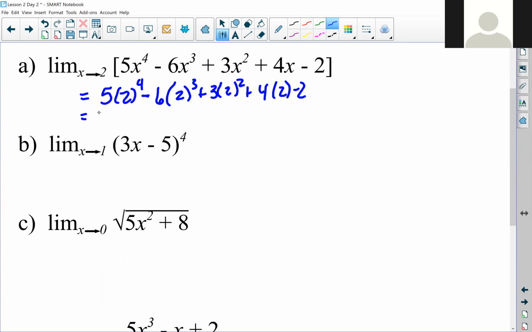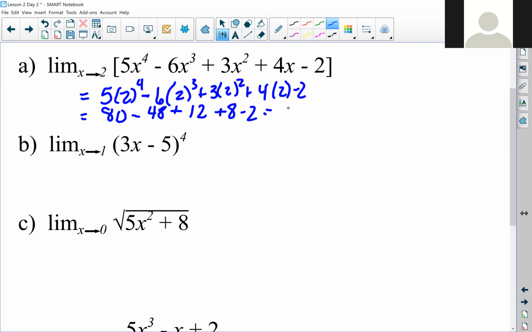So 2 to the fourth, 2, 4, 8, 16 times 5 is 80. 2 cubed is 8. 8 times 6 is 48. 2 squared is 4, times 3 is 12. 4 times 2 is 8.